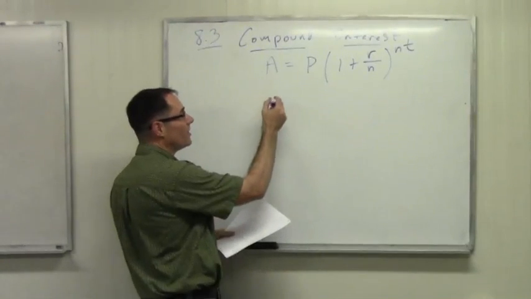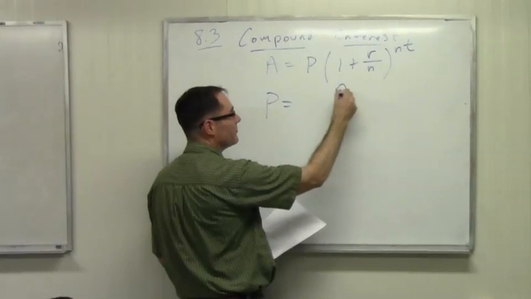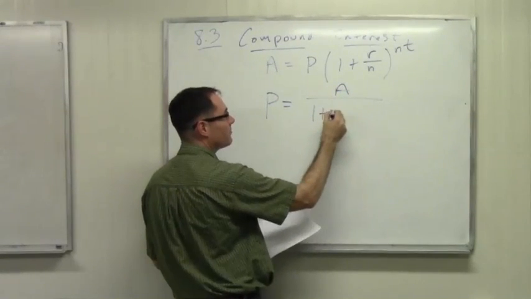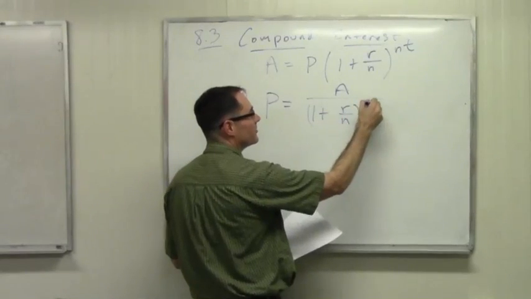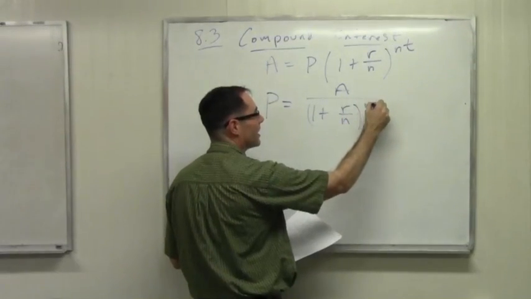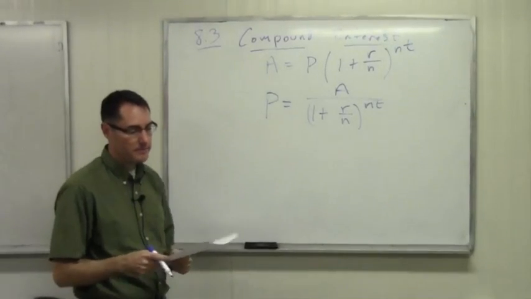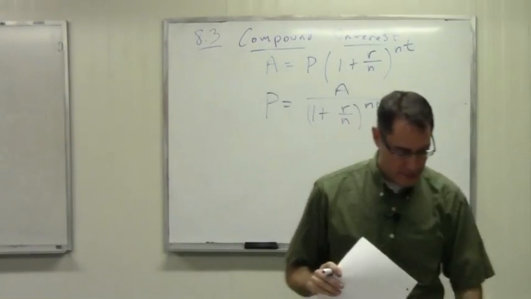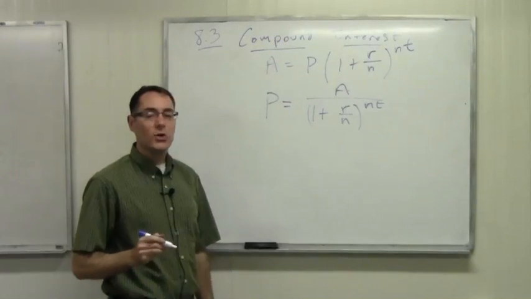So your principal now is the future value divided by 1 plus the rate over the number of times per year, raised to the number of times per year times the time. Is that formula on your formula sheet? It is. It's called the future value for compound interest.